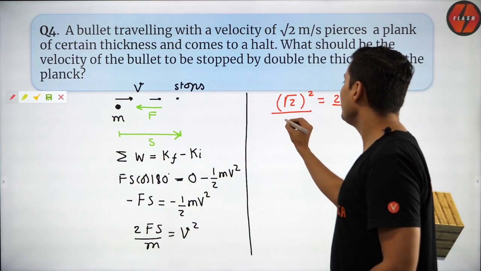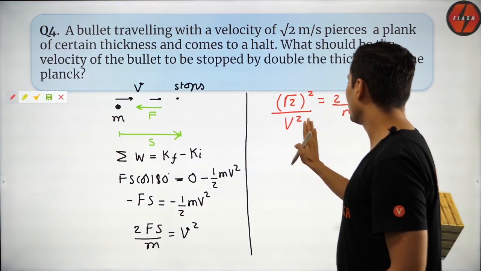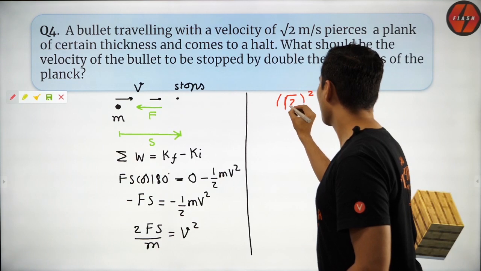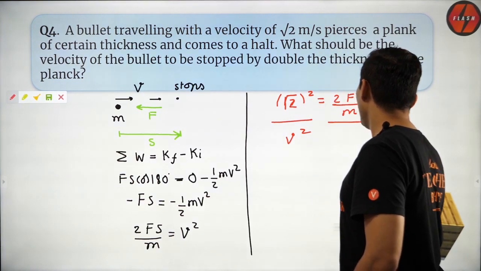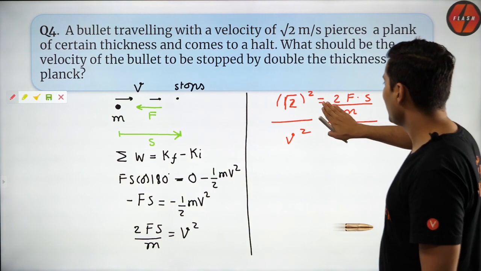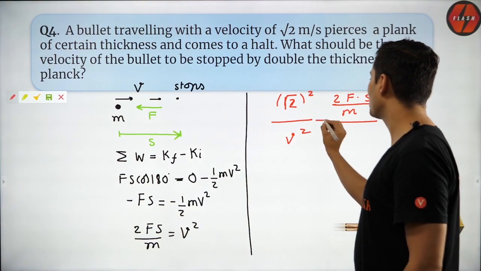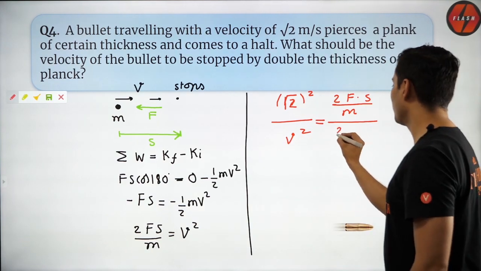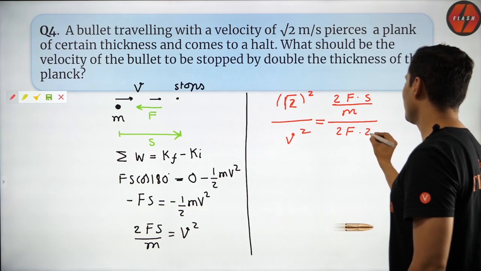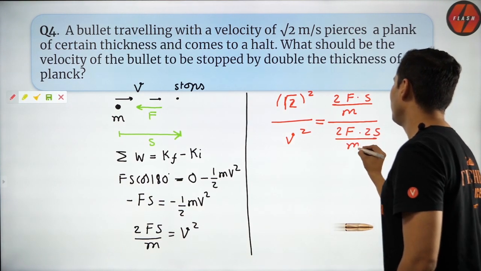Now when the speed is v, think about it, I'll just divide it by v square. So I'll have exactly similar term, and I think I can take ratio. I can take ratio, velocity square by velocity square, so it will become 2f, but this time it is 2s divided by m.